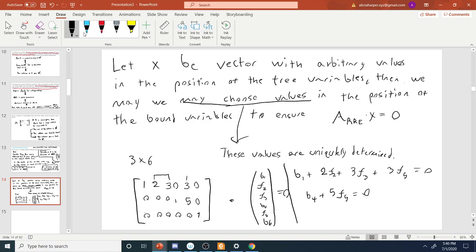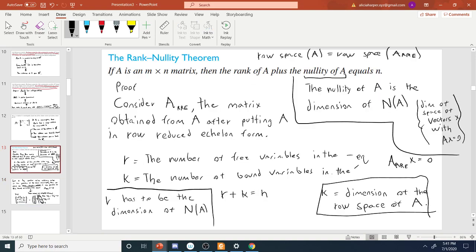So B4 is uniquely determined by F5. And finally, it tells us that B6 is equal to 0, so B6 is uniquely determined. So all three of the bound variables are uniquely determined by the free variables. So we can basically choose the free variables to be anything, and then the bound variables will be uniquely determined. So the dimension of the null space is exactly the number of free variables. And that completes the proof of the rank nullity theorem.